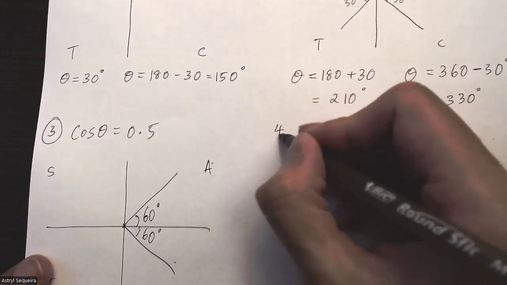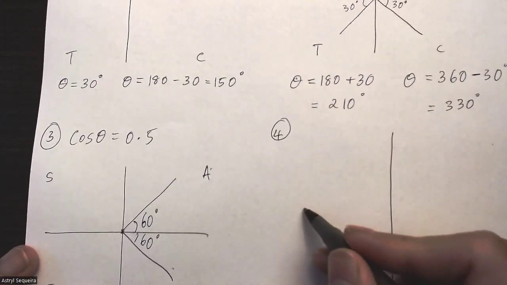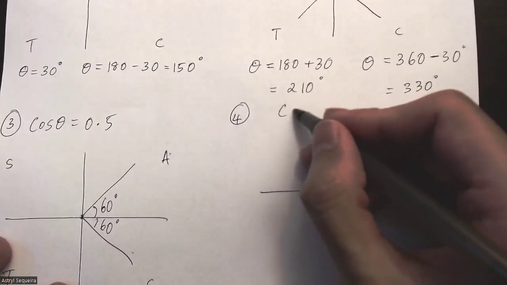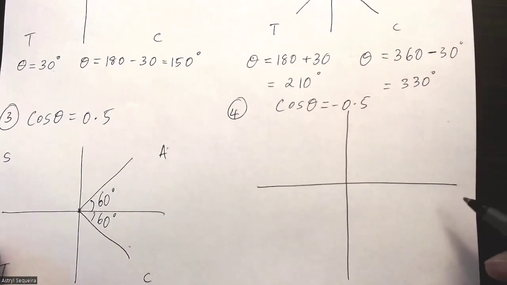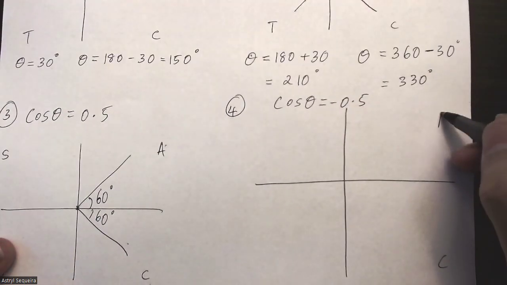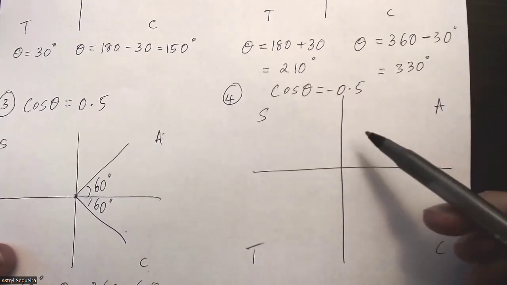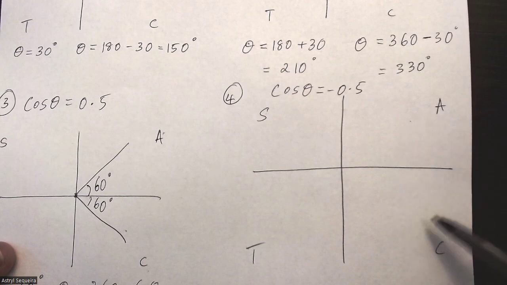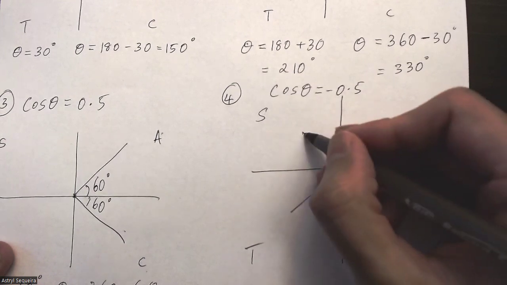Let's go to the fourth example. Like I said, I'm going to go through these a bit quick now because you're going to start to get the idea, but you want to cover the entire concept. Next question, cos theta equals negative 0.5. You probably already know how to do this one with all the explanations that I've given, so I'm going to cover it pretty quick. We have cos and we have a negative ratio. If cos is positive in these two, cos is negative in these two over here.